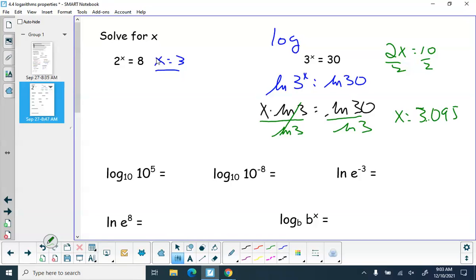So now in your calculator, what I want you to do is hit your 3 button, hit your caret button, and then type in 3.095. I want you to take 3 to the 3.095 exponent.